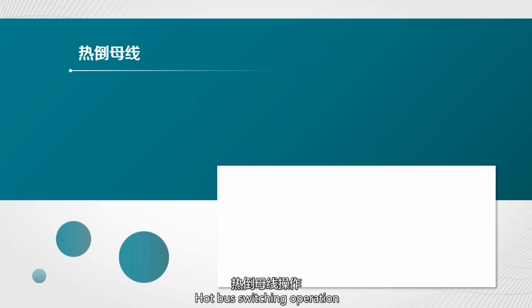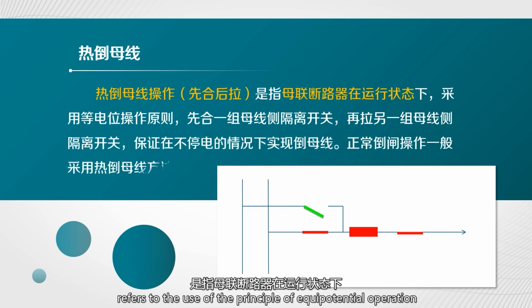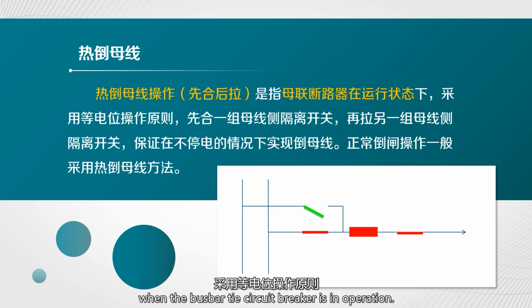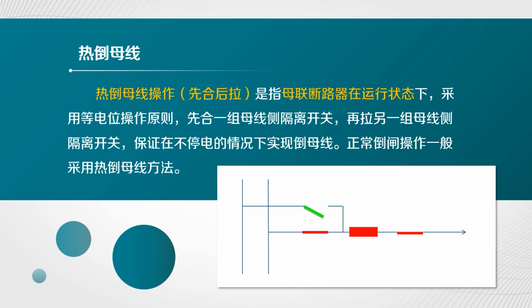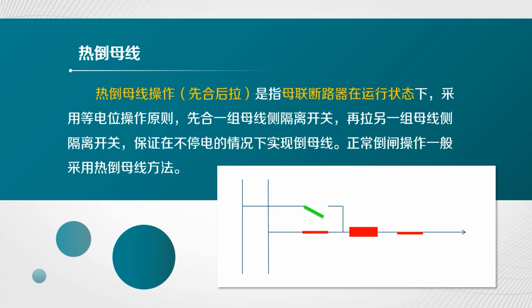Hot bus switching operation refers to the use of the principle of equipotential operation when the busbar tie circuit breaker is in operation. First, close one set of bus side isolation switches, and then pull another set of busbar side isolation switches to ensure that busbar switching can be achieved without power outage.